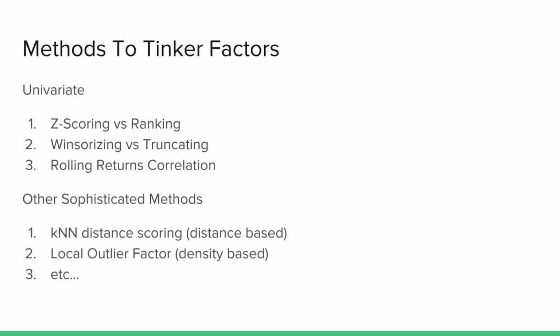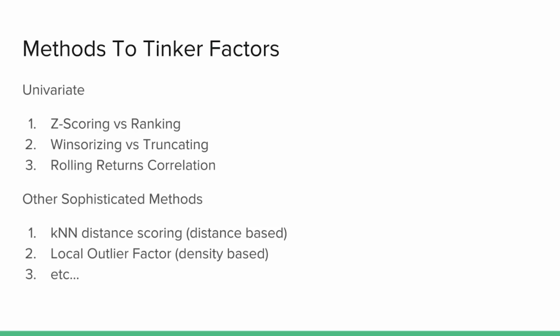Other sophisticated methods that I want to bring up, that everyone here can read up on later. The first one is KNN, K nearest neighbors distance sorting, where for every data point you look at the K nearest neighbors, calculate the distances, and get a score from that. We can assume that data points that are very far away from the neighbors are generally considered anomalies.